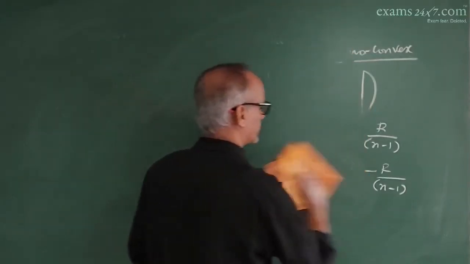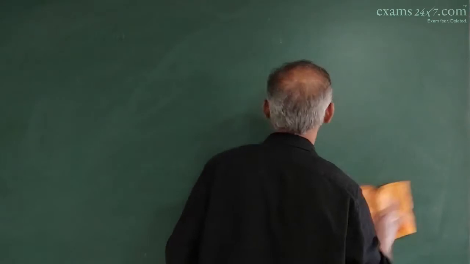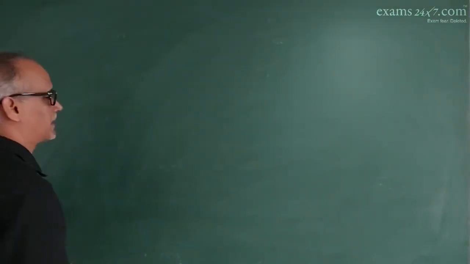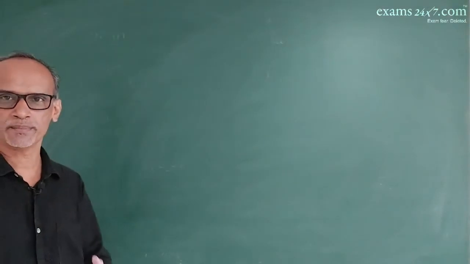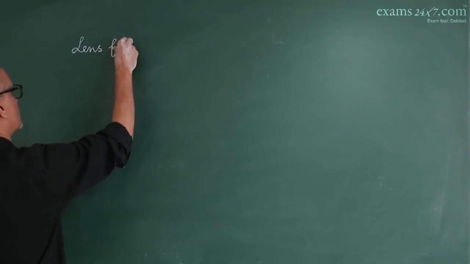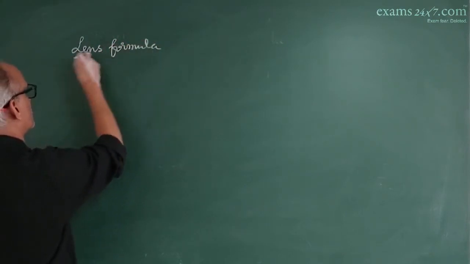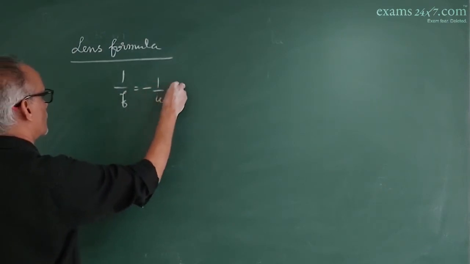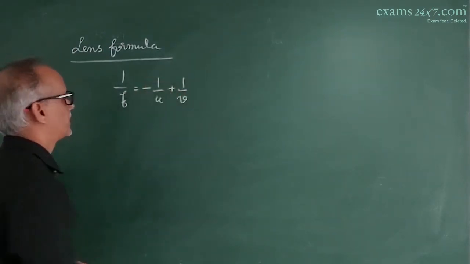When we place an object in front of a convex lens, it produces an image, and the relation between the object distance, image distance and the focal length is given by a formula called the lens formula, which is 1 by f is equal to minus 1 by u plus 1 by v.